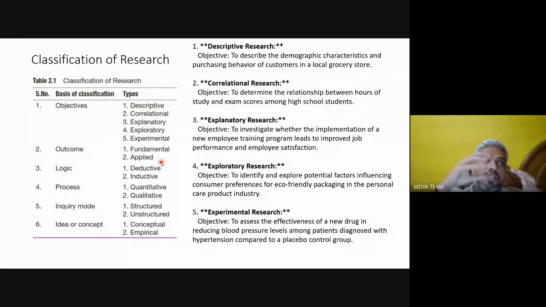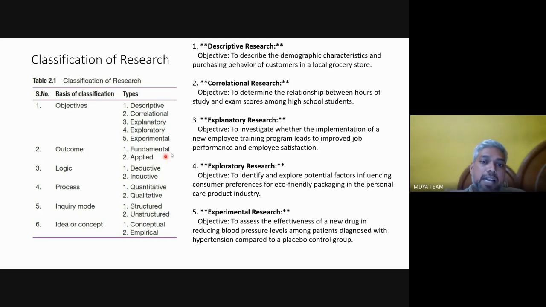So applied is, they researched on the failure of Chandrayaan 2. They found that some mistakes had been done there. They did not use the solar panels on all sides of the lander, and now they researched on it, and the outcome is that now they are using solar panels on all sides.